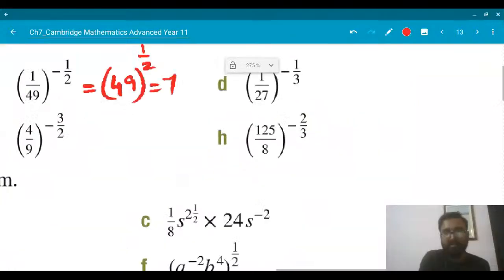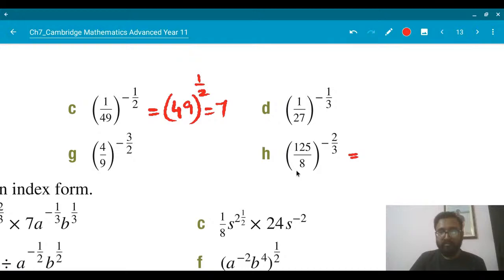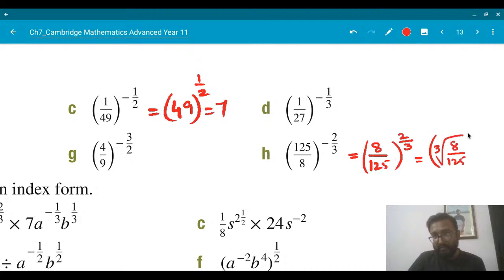The situation with this problem: it is 8 by 27, 125, whole power 2 by 3. So the 3 comes here: it is the cube root of 8 by 125, whole power 2.